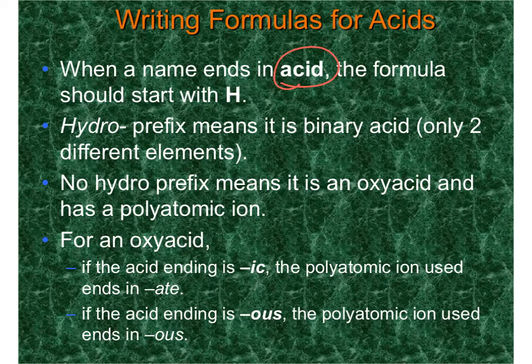And so the first thing that you should do when you're writing the formula is start the formula with H. Remember that virtually all formulas for acid compounds start with H. Now, one thing that I do want to point out, so focus real strongly for a minute, is you have to determine how many hydrogens you need in that formula. And as I've told you repeatedly before, every single compound in nature overall is neutral. It's okay to have plus and minus charges, but they have to neutralize each other. Otherwise, it won't be stable.